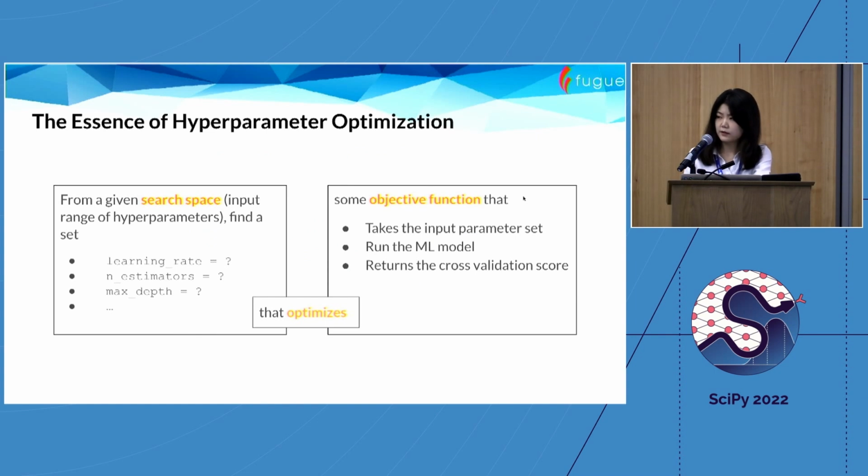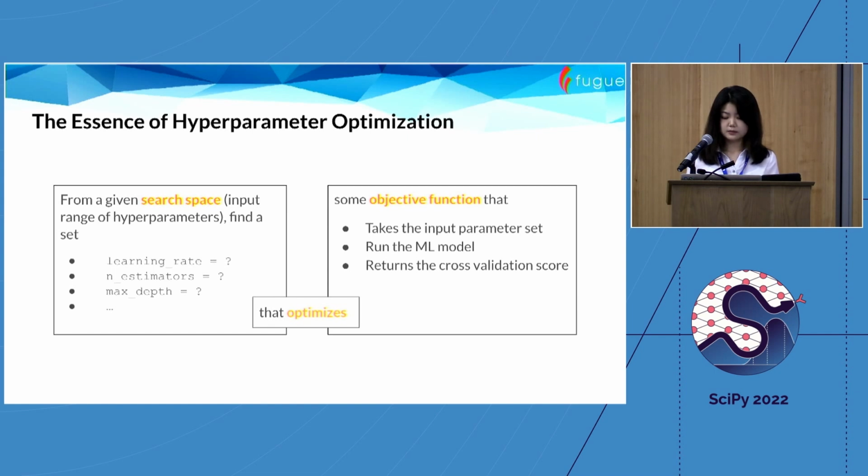The essence of parameter tuning is really straightforward and simple. From a given search space on the left, we want to find a set of hyperparameters that can maximize or minimize the objective function on the right, which can be a function that takes the input of a hyperparameter set, runs the machine learning model, and evaluates on the validation set.